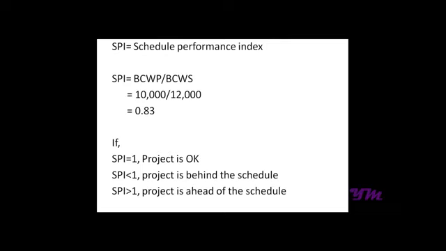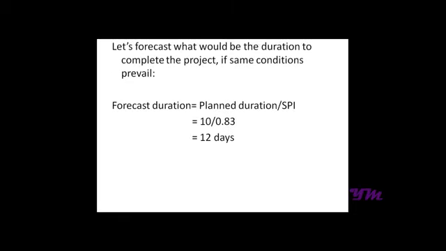If it's less than 1, it's behind the schedule, and if it's greater than 1, it's ahead of the schedule. So here it's behind the schedule. So now let's forecast the duration of completion. So the planned duration upon SPI gives us a forecast duration, which is 10 divided by 0.83, which gives us a number that is 12 days.